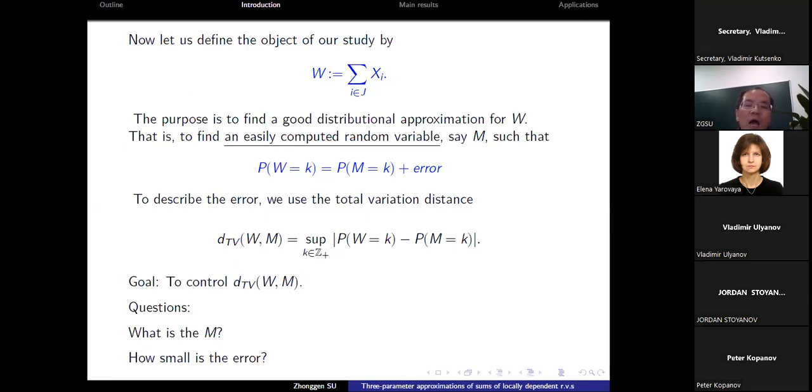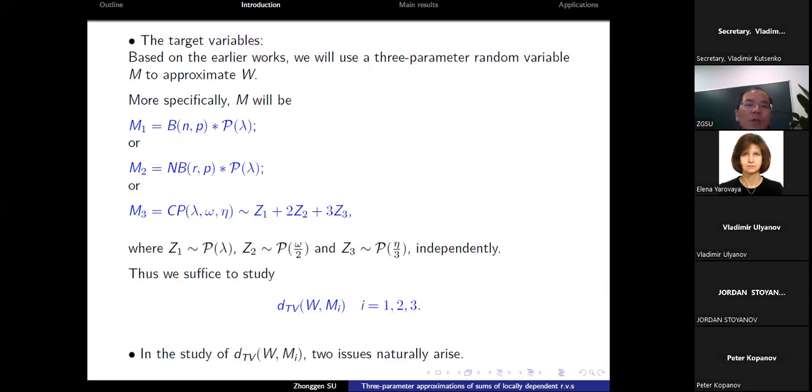So it is natural to ask, well, what is M? How small is the error? Based on the earlier works, we will use a 3-parameter random variable M to approximate W. More specifically, M will be either M1, M2, or M3. Here, M1 is the mixture of Bernoulli and Poisson random variable.